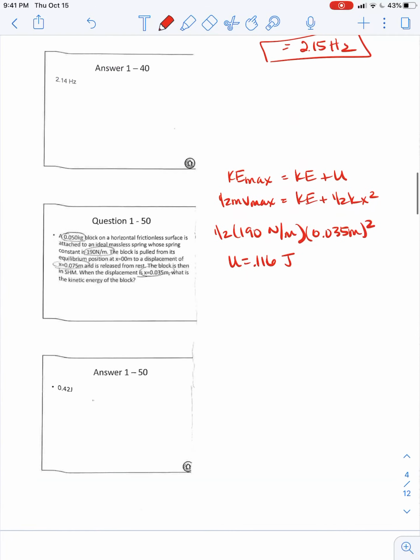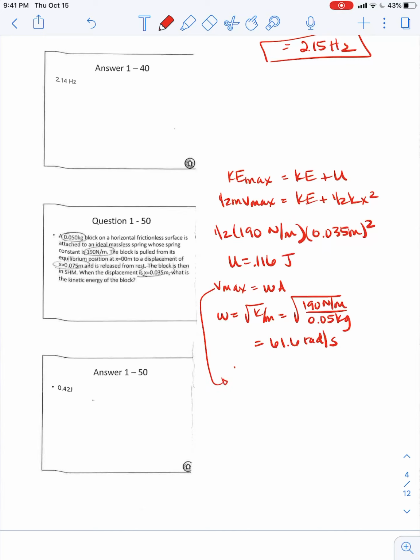And then we're going to try to find the v max. So v max is your angular frequency times amplitude. And you can find the angular frequency again by doing the square root of k over m. So we've got the square root of 190 divided by the 0.05 kilograms, which ends up giving you an angular frequency of 61.6.